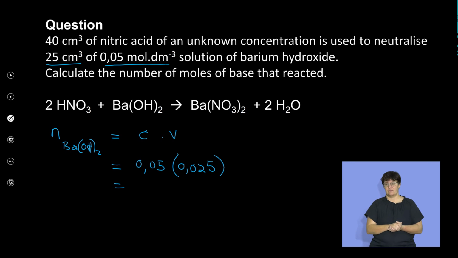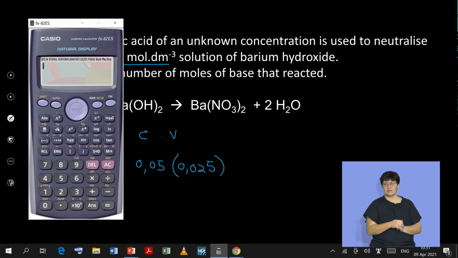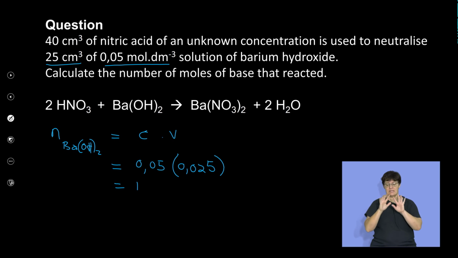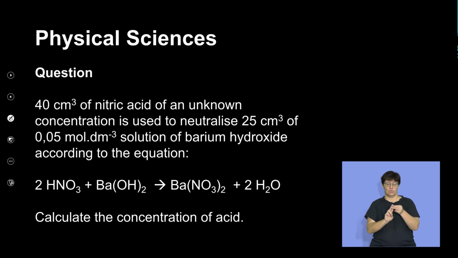This gives us the number of moles, so the number of moles is equal to 1.25 times 10 exponent minus 3 moles. So this is a routine calculation where you've got the formula, substitution, and the correct answer, including the correct SI unit. And then it says here, calculate the concentration of the acid.